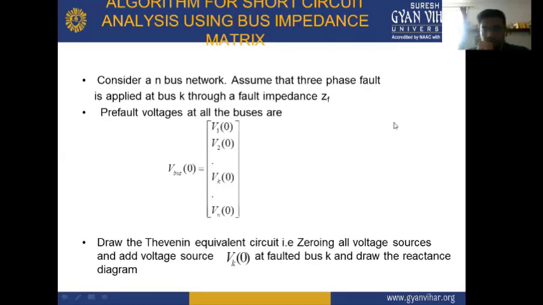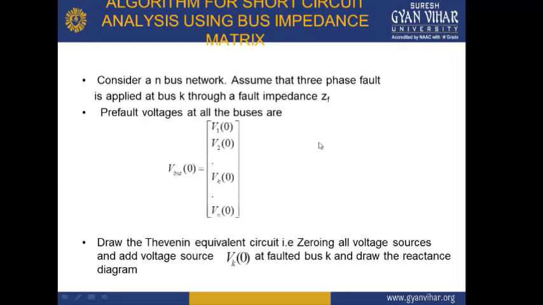Now, we will be drawing the Thevenin's equivalent circuit, that is, zeroing all the voltage sources and adding the voltage source Vk0 at the faulted bus K, and draw the reactance diagram.